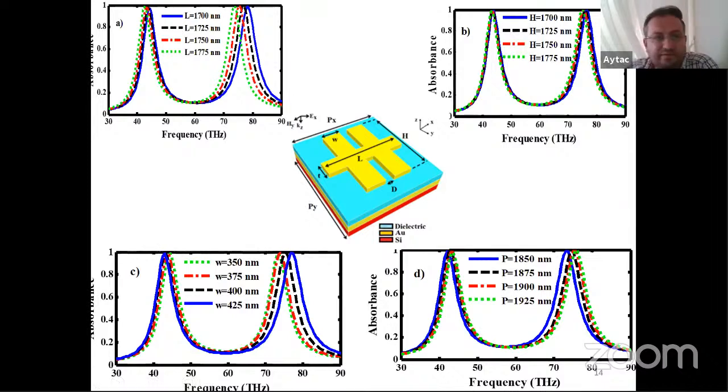When L increases, the resonance frequencies decrease. Also, we can change the unit cells. We can change the length of the unit cell. So we can see the absorption spectra of the unit cell in the second part. When H increases, the resonance frequencies also increase, and we can change the other geometrical parameters or the period of the structure.